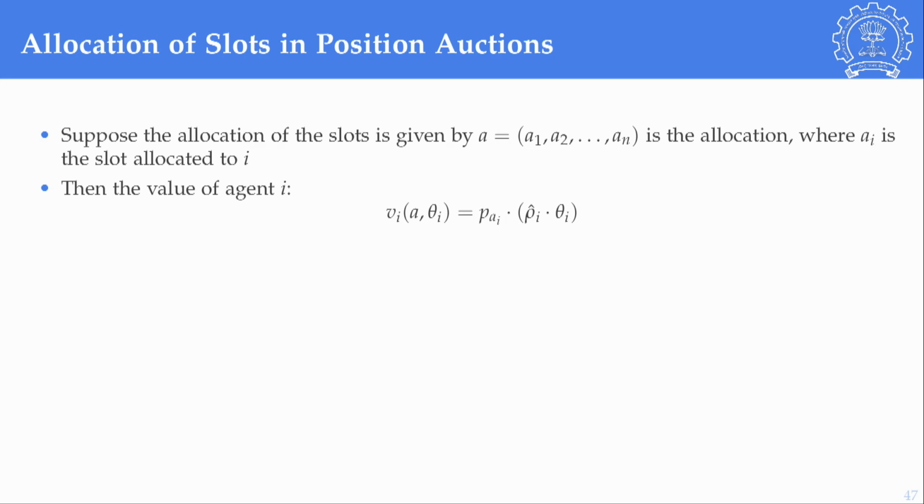Then that position effect P of 10 will be multiplied by the estimated rho i hat and what he has reported, and accordingly this will be the valuation. So, this is the true valuation. If his true type is theta i, this will be the total valuation when the allocation is A. We will also have to design the payment scheme.